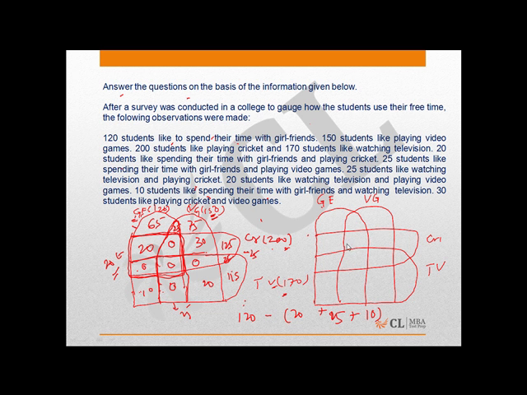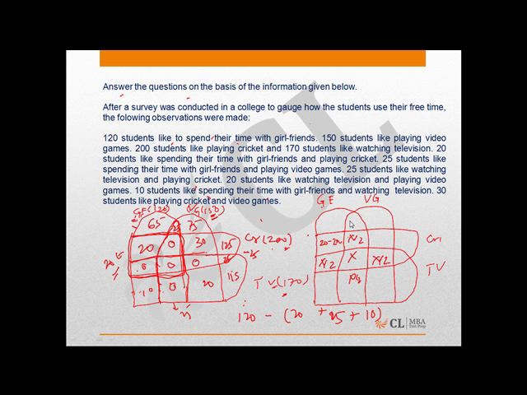Here it is given that this is x, this is x by 2, x by 2, x by 2, x by 2. As we know that this whole region is 20, so this will be 20 minus sum of these 3 zones or areas, which is twice of x.